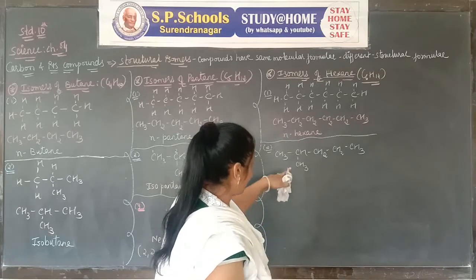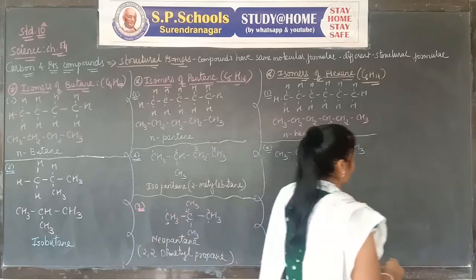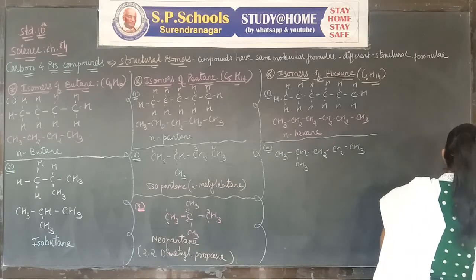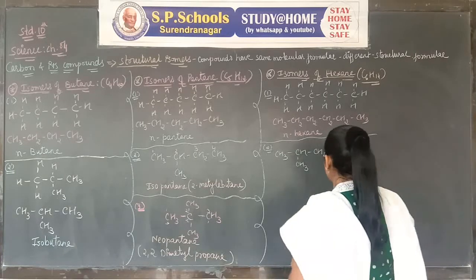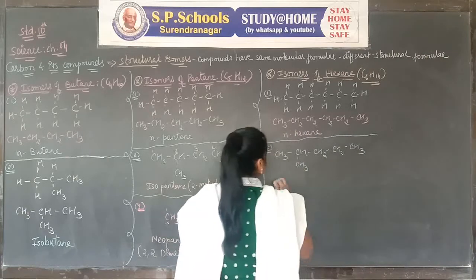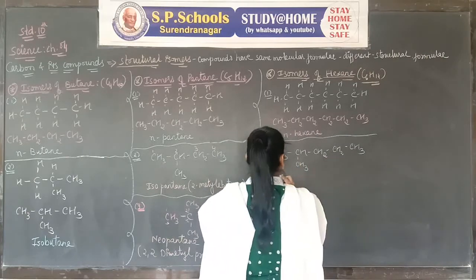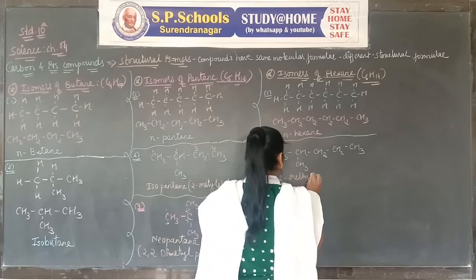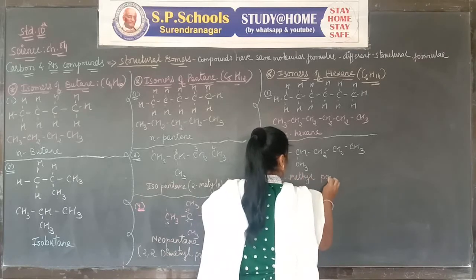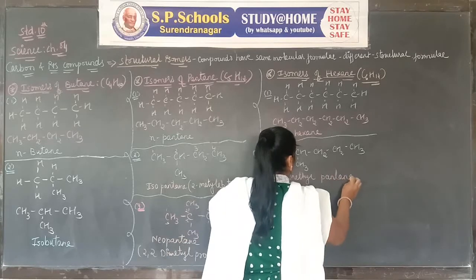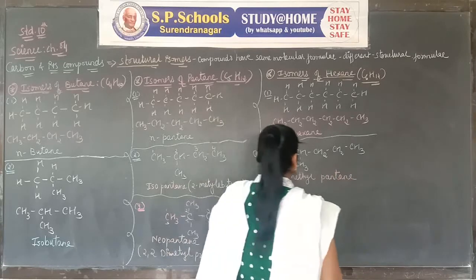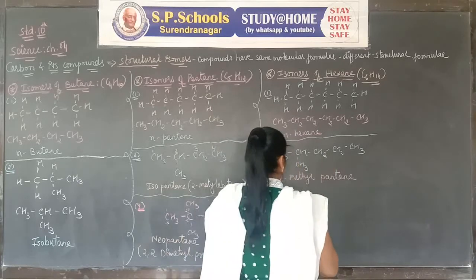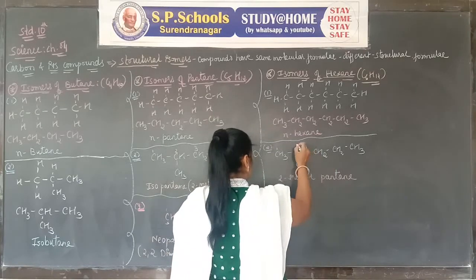So the methyl group is present on the second carbon, so we call it 2-methyl pentane, 1, 2, 3, 4, 5. 2-methyl pentane. Here we give the numbers from left to right.